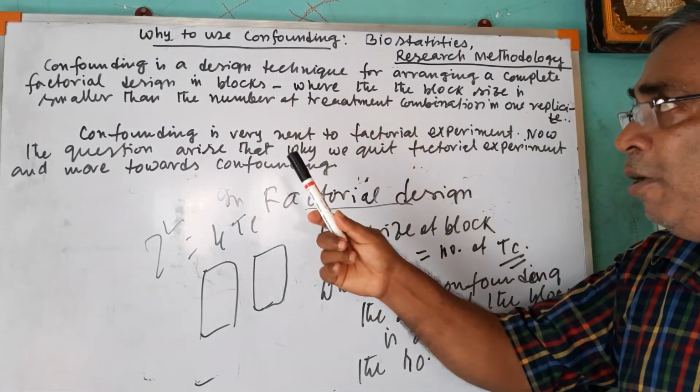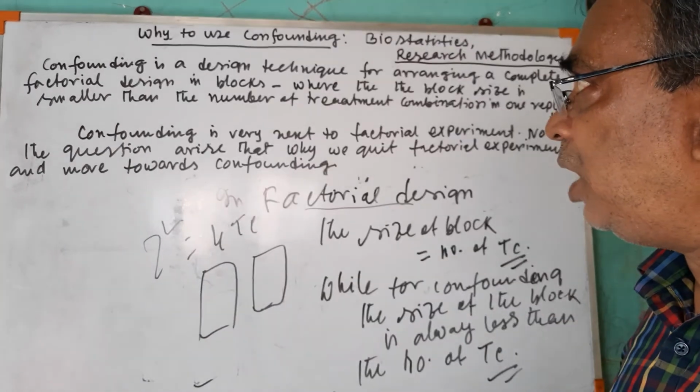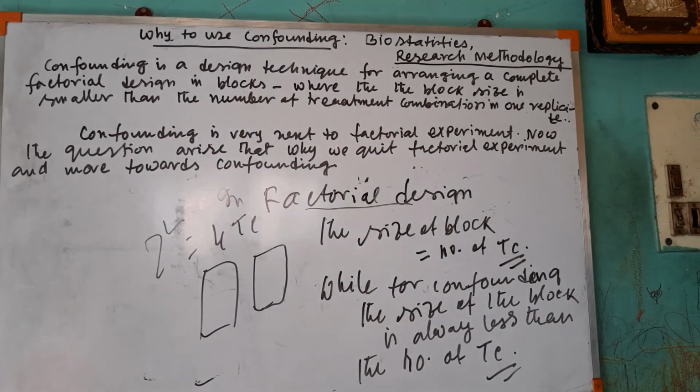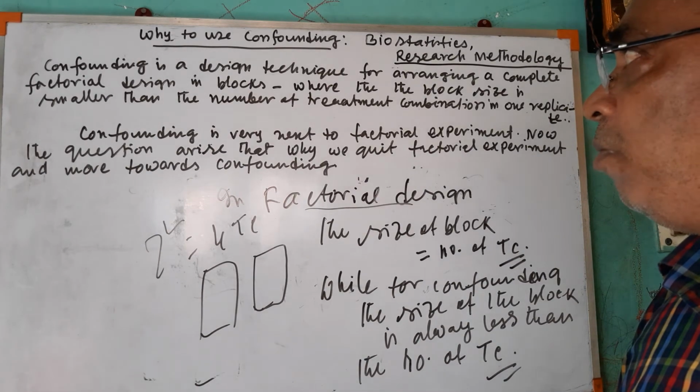So that is the moral of the story. Why confounding? For a small number of treatment combinations we do not need it. When the number of treatment combinations becomes higher, above 32, that means 64, 128 and so on, then you will go for confounding.